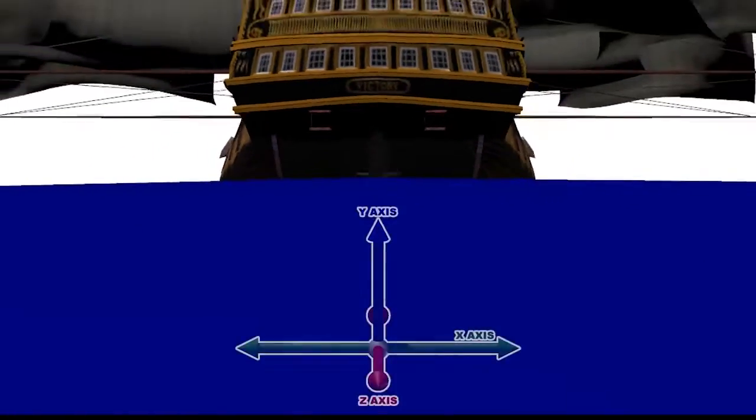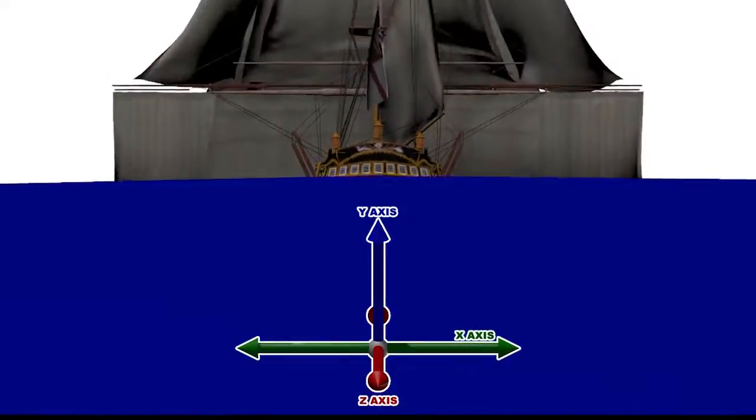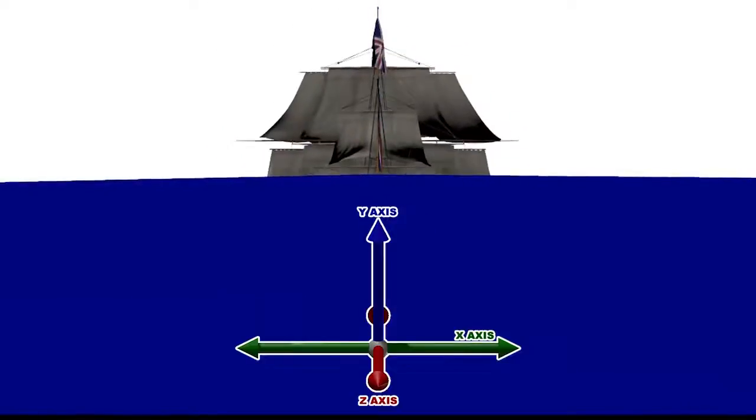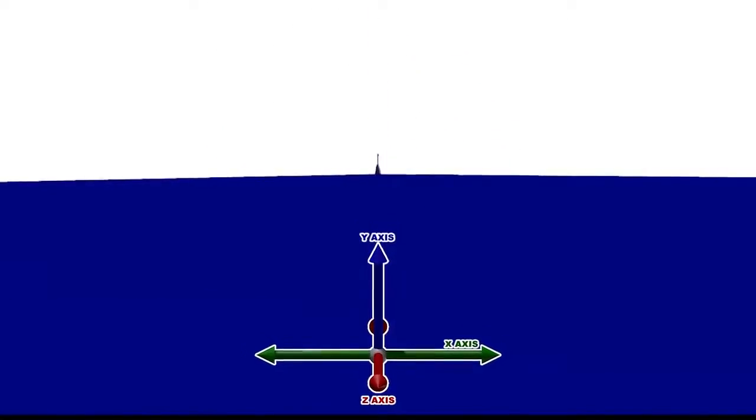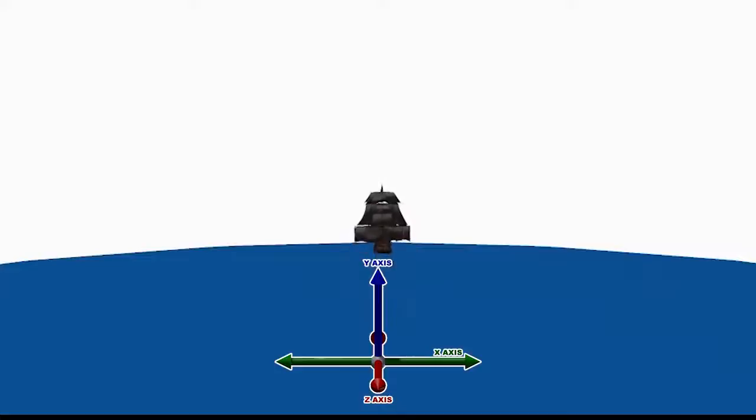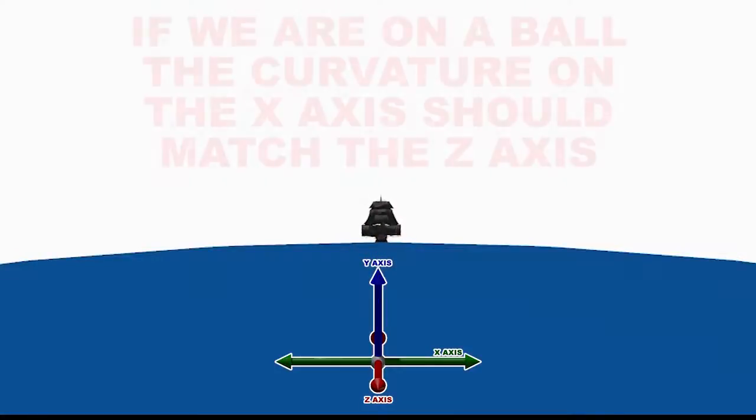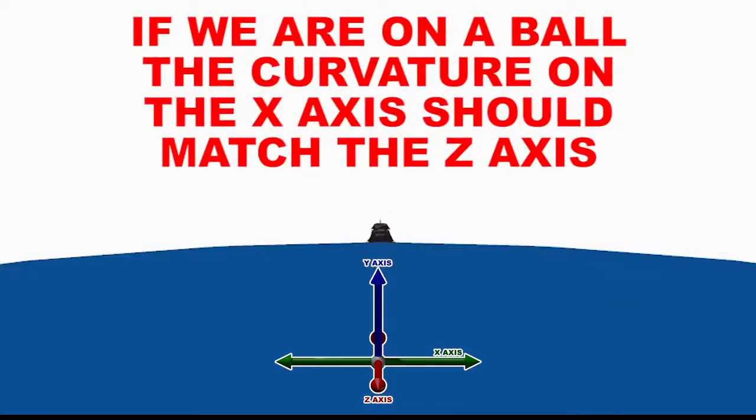And speaking of myths, people who think ships are disappearing over the curve in less than 10 miles distance, it's got to work both ways. I mean, if we're on a ball, then when the ship is going away from you on the, let's say, z-axis, from you to a point away from you, and it's rolling over the ball in less than 10 miles, then you should have the exact same effect looking left to right on the x-axis.